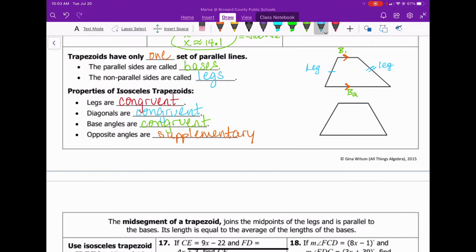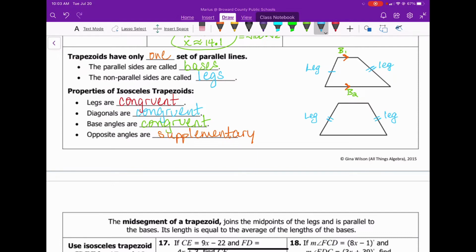Now, let's discuss the properties of isosceles trapezoids. The legs are congruent. So the two things that I just identified as legs in this diagram are both congruent. The diagonals of the isosceles trapezoid are also congruent.